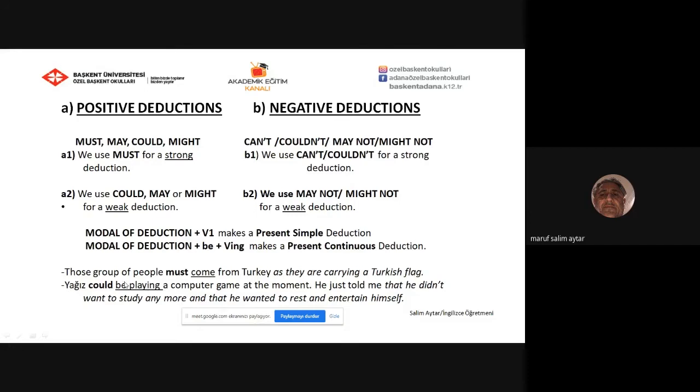Those group of people must come from Turkey as they are carrying a Turkish flag. So this shows us that it is a strong positive deduction when we look at this clue. Because they are carrying a Turkish flag, we should make a strong deduction: those group of people must come from Turkey.